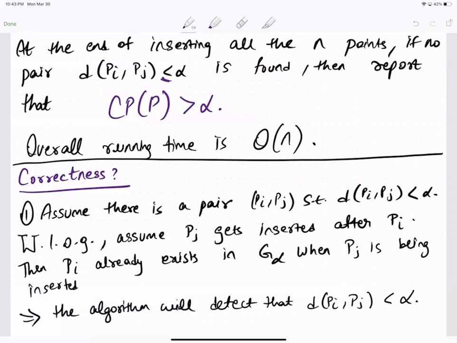So what I'm trying to say here is that assume that, say this is the closest pair. I think I should have mentioned that.